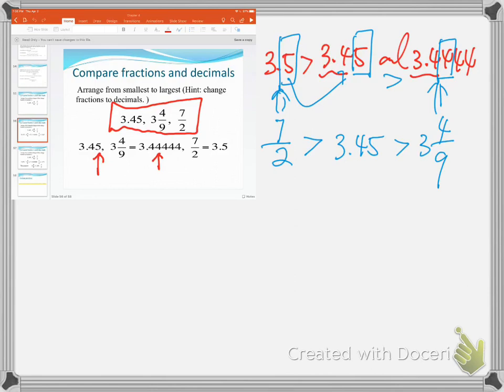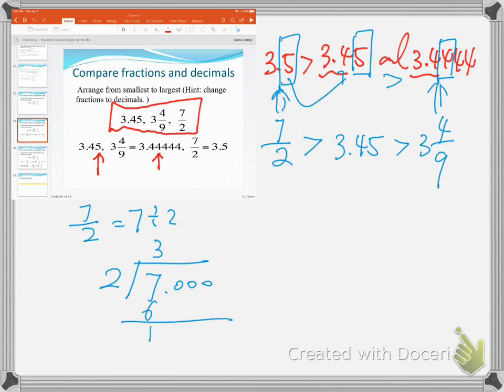So let me repeat the division part. Change fraction to decimals, we need division. 7/2. So this is 7 divided by 2. Right? Okay, long division, 7 and 2. We put decimal point, we put some zeros. 7 divided by 2. So here is 3, 6, subtraction, we got 1.